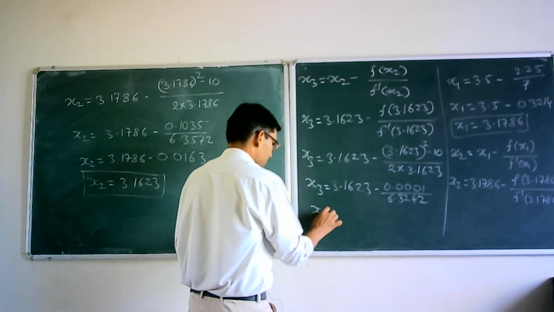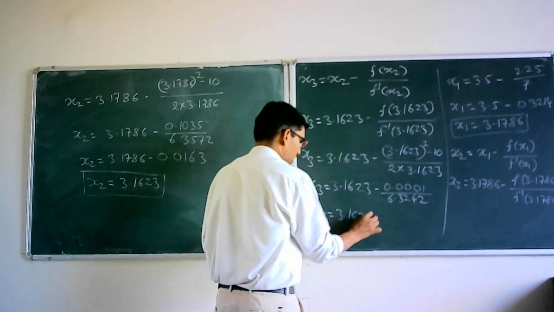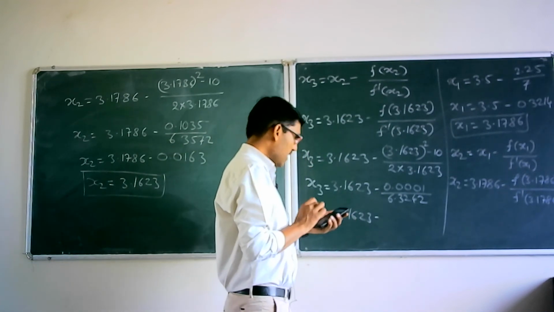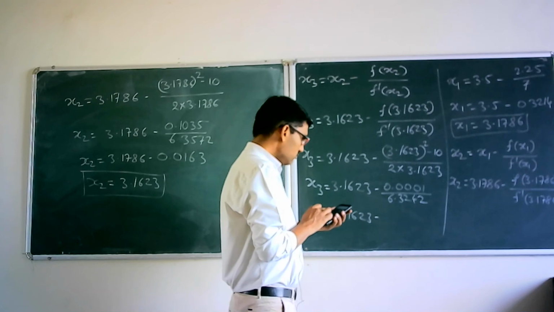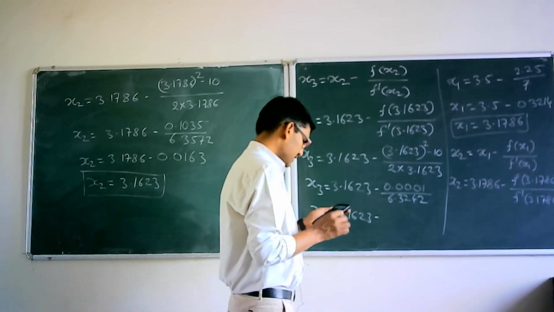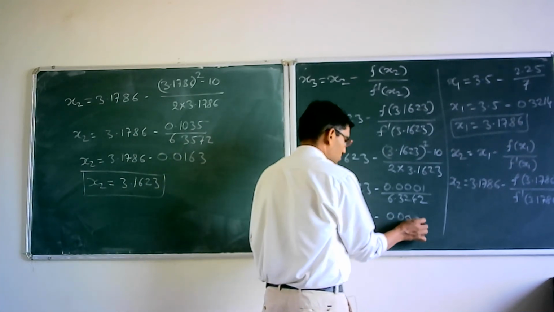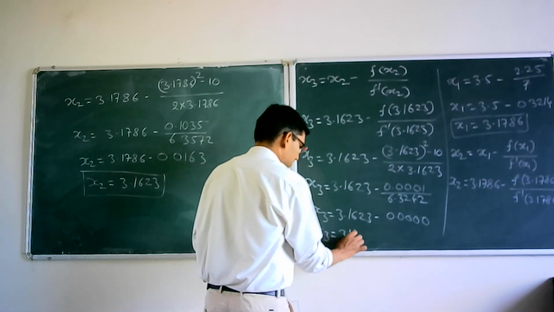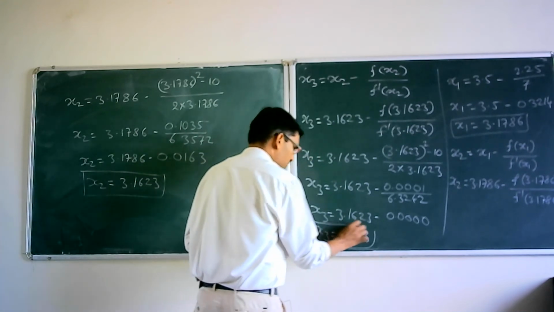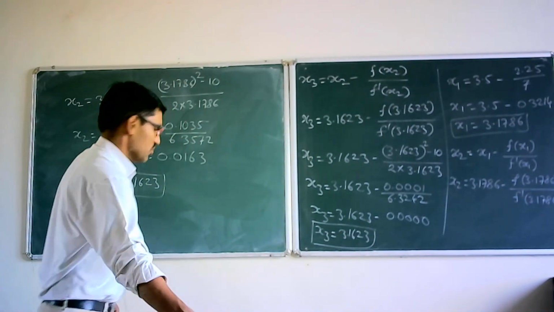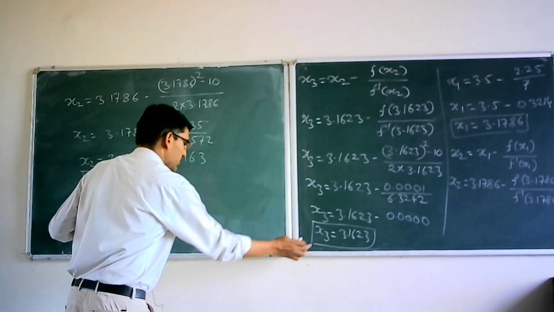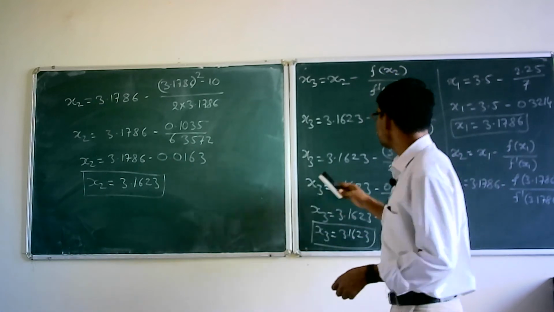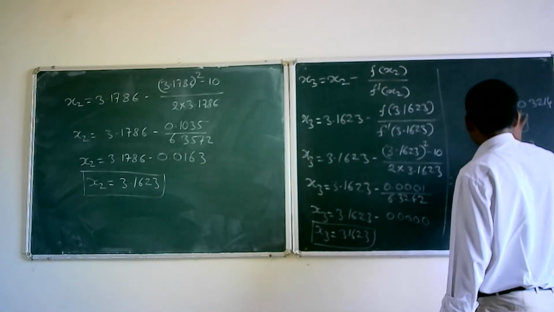If you divide 0.0001 by 6.3246, you will get 0.0000. So x3 is equal to 3.1623. Now if you observe the previous two roots, x2 and x3, they are correct up to 4 decimal places. So we want to stop our process here.